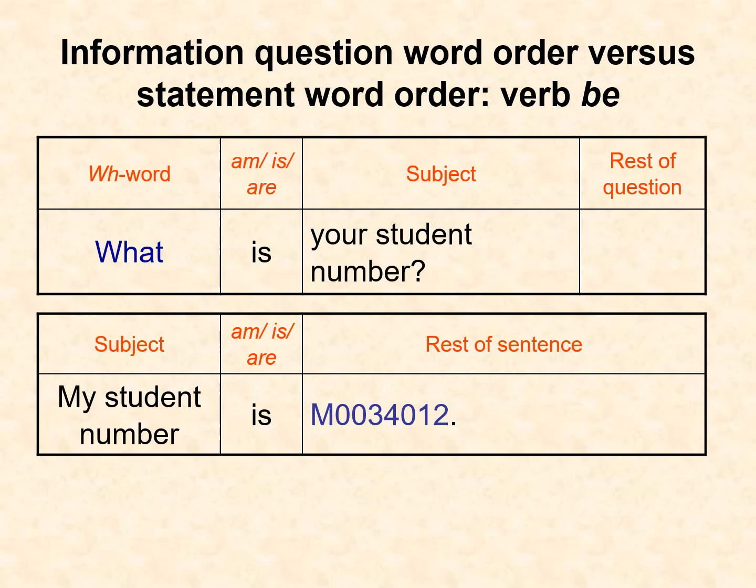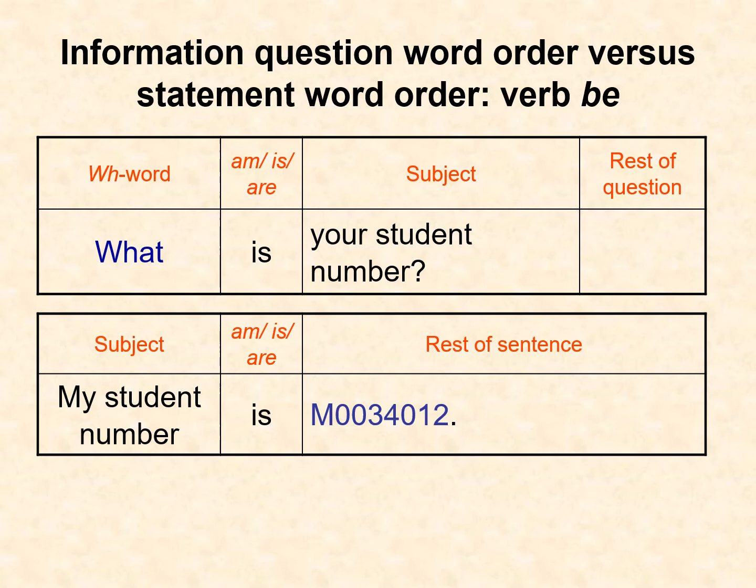If you compare the question word order with the statement word order, you will notice certain differences. In the question word order, we get the WH word, then we get is, and then the subject, your student number. In that particular case, there is no other material. In the answer, which is in the statement form, we begin with the subject, my student number.